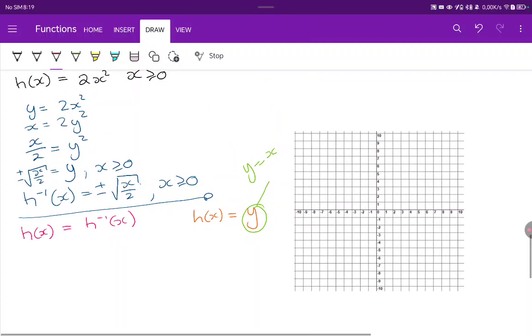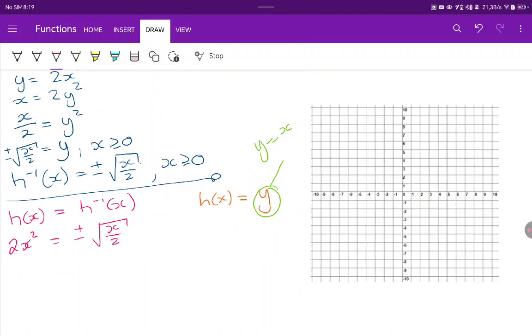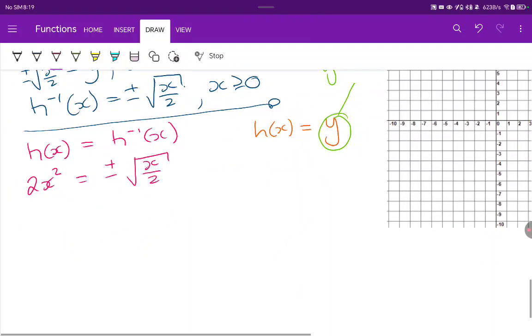We said that h of x is 2x squared, and h minus 1 is plus minus square root of x over 2. Okay, so I can solve this. And the way I solve this is we can square both sides. So now we have 4x to the 4 is equal to x divided by 2.